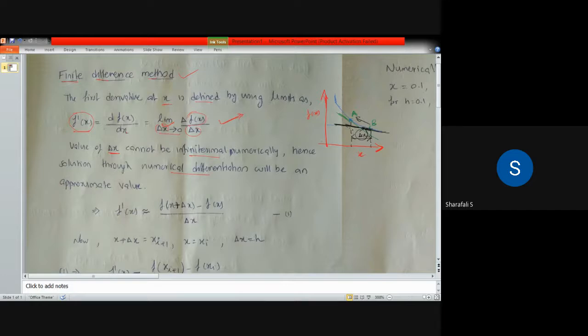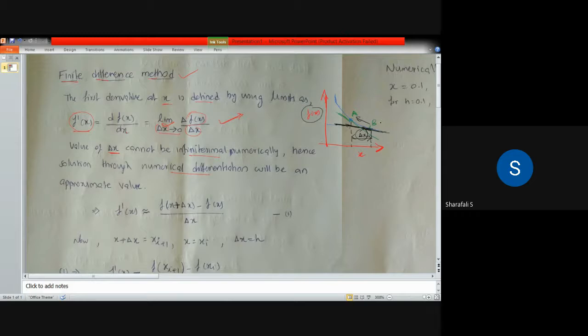then if you calculate the change in f with respect to that change in x, you can get the differentiation at that particular point, which is approximately equal to the original solution.